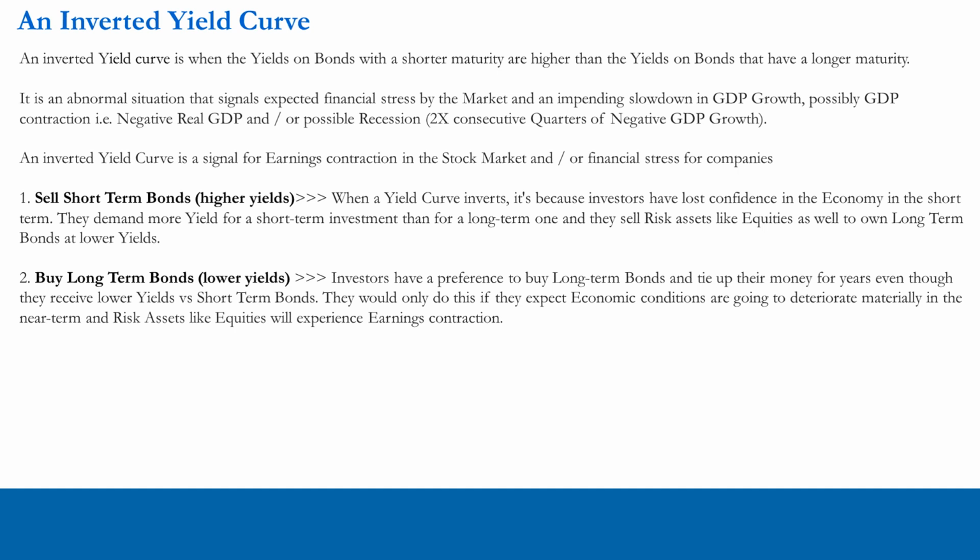And what are they doing with risk assets? They're selling risk assets like equities as well, raising the money, and they're using that money to own long-term bonds at lower yields.